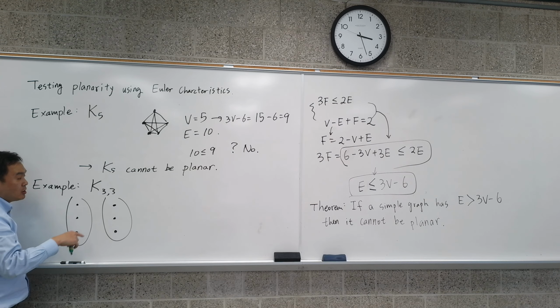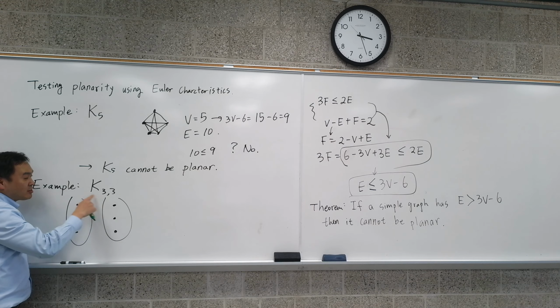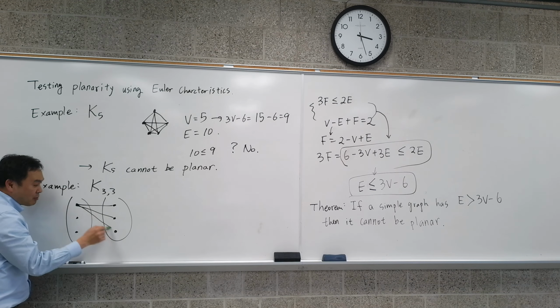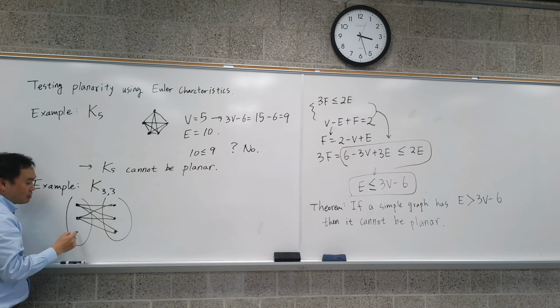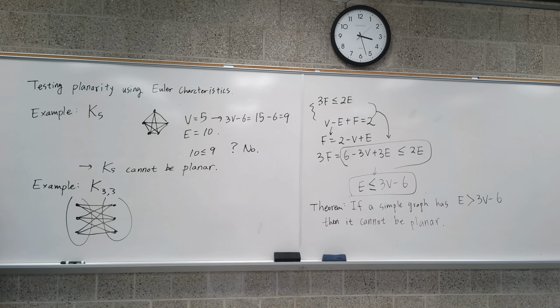Because this is the most connected simple graph between these 2 groups, each vertex should be connected with all the members of the other group. We know that it's not planar. You can try so many different ways to make this planar, and you see that it can't be done.